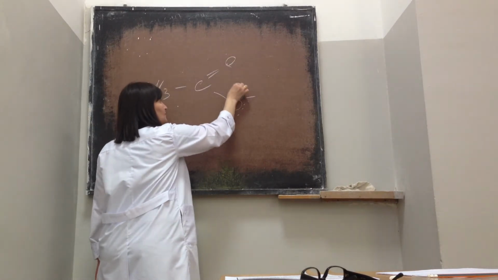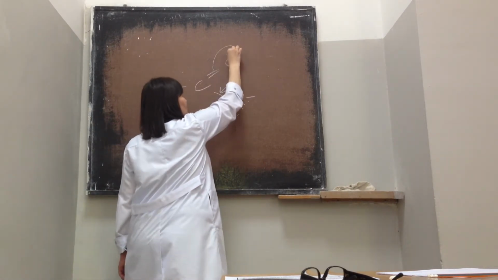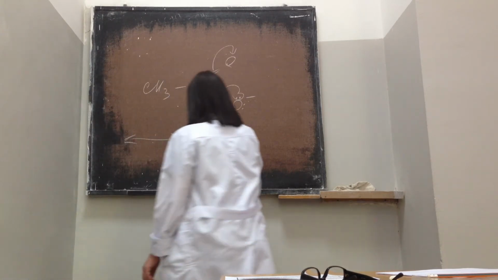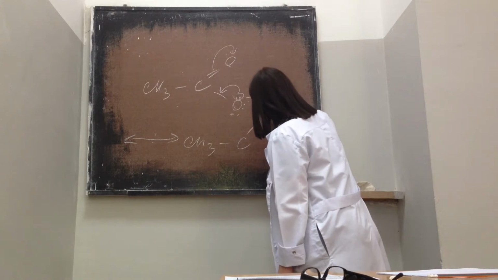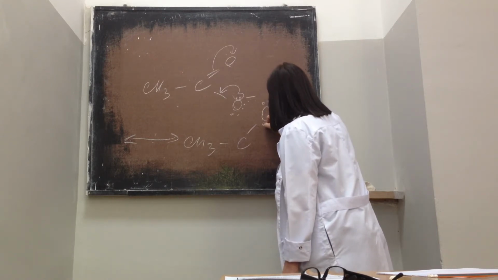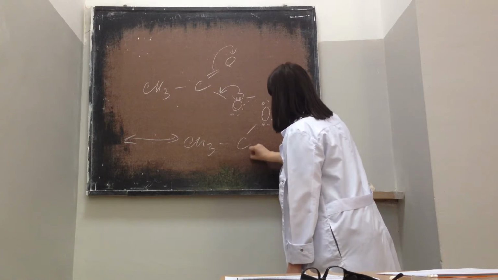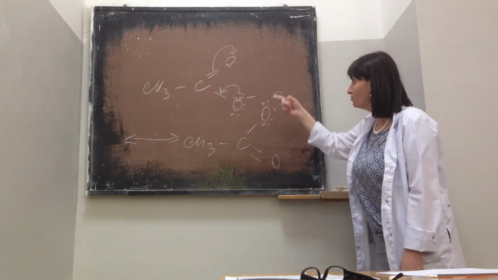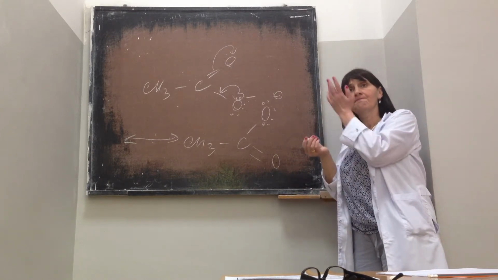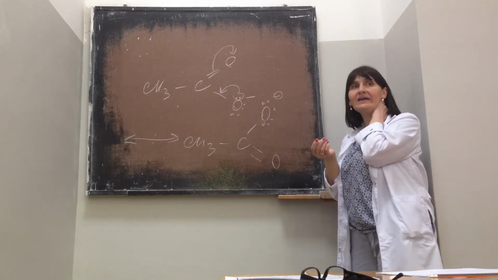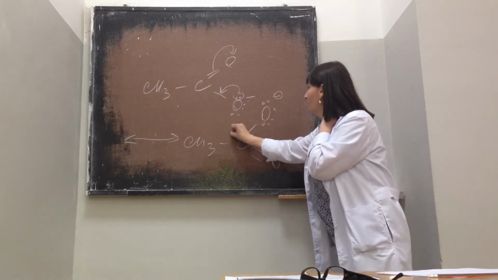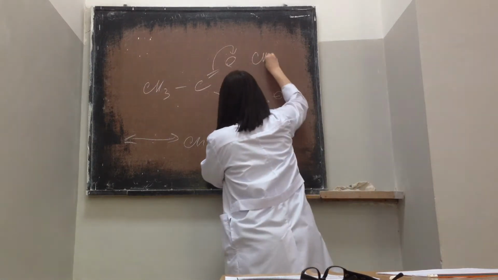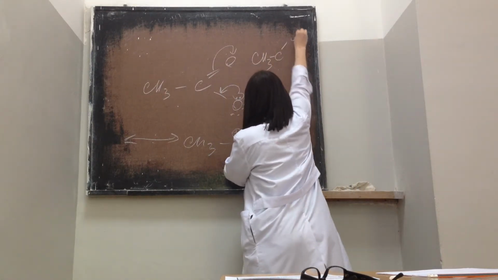If the 2 electrons move here, and these 2 electrons move here, you get another structure: CH3C, here you have minus and double bond O. So you can draw 2 structures. For this molecule, you can draw really a resonance hybrid, which looks like this.